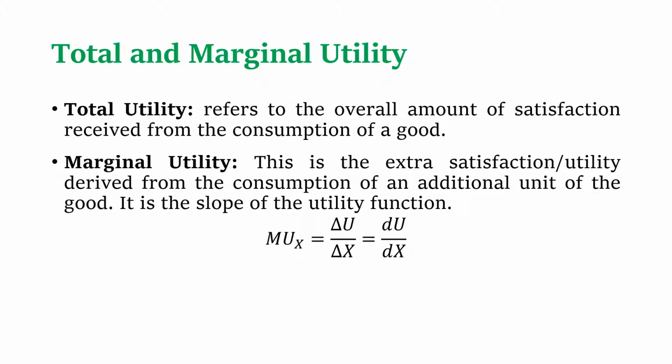If the total utility is given as U of X, then the marginal utility is the change in utility, delta U, over the change in quantity, delta X. So delta U over delta X is the marginal utility of that good. It is just the additional satisfaction derived from the consumption of that good.